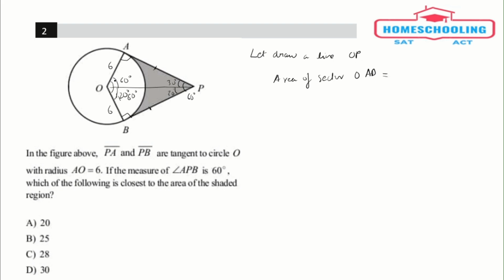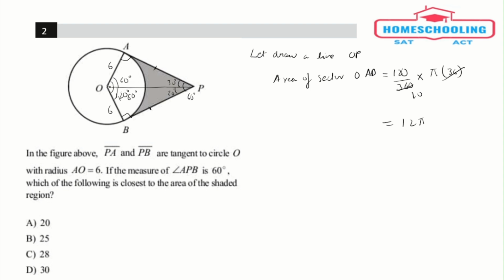Theta, this whole angle, is 120, by 360, and the area is pi r square. So r is 6, and 6 square is 36. So this is going to go 10 times, and the area of this sector is 12 pi.